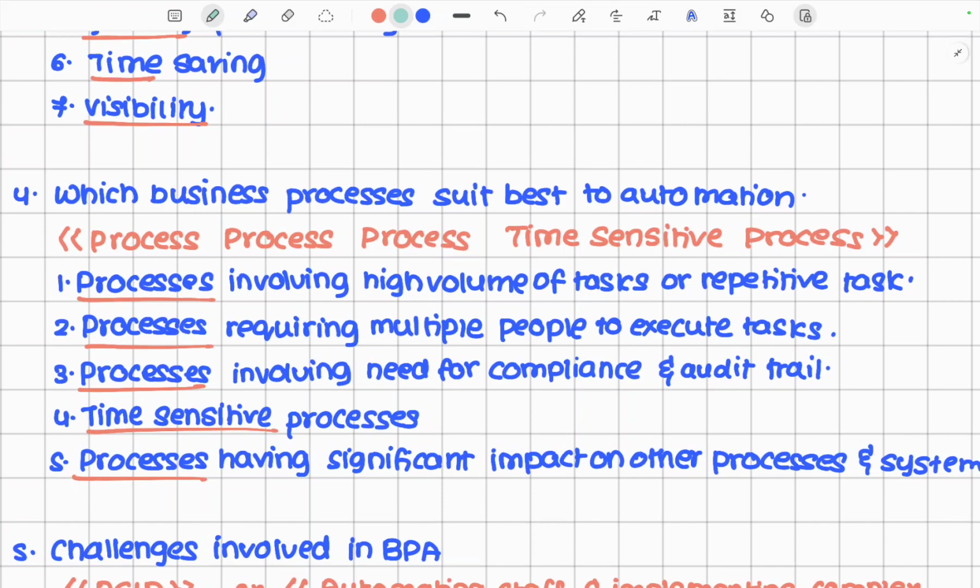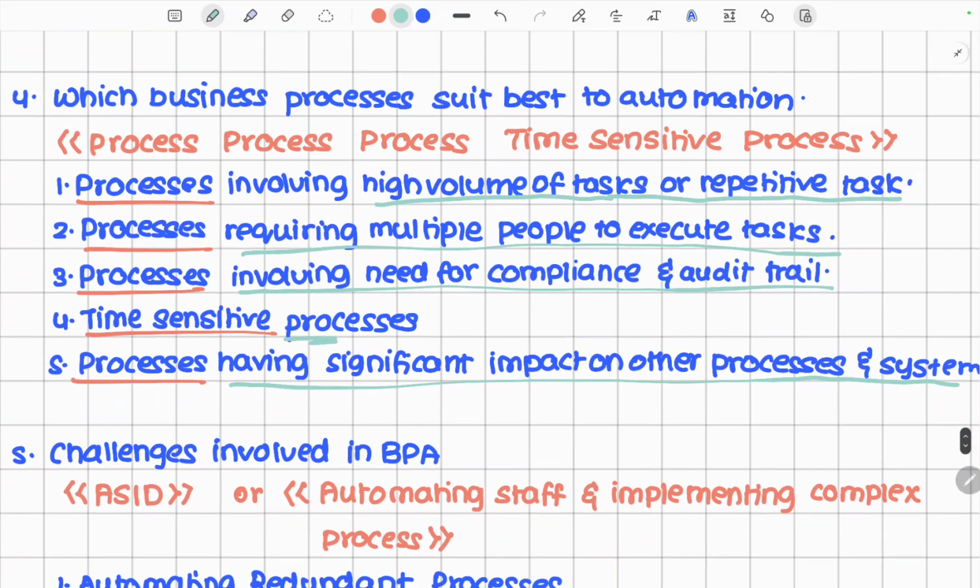The first one is process involving high volume of tasks or repetitive tasks requiring multiple people to execute, tasks involving the need of compliance and audit trail, time sensitive process, and high significant impact on other processes and system. So the cheat code is very easy. As soon as the question comes, which business process suit best to automation, you all know the cheat code: process, time sensitive process.